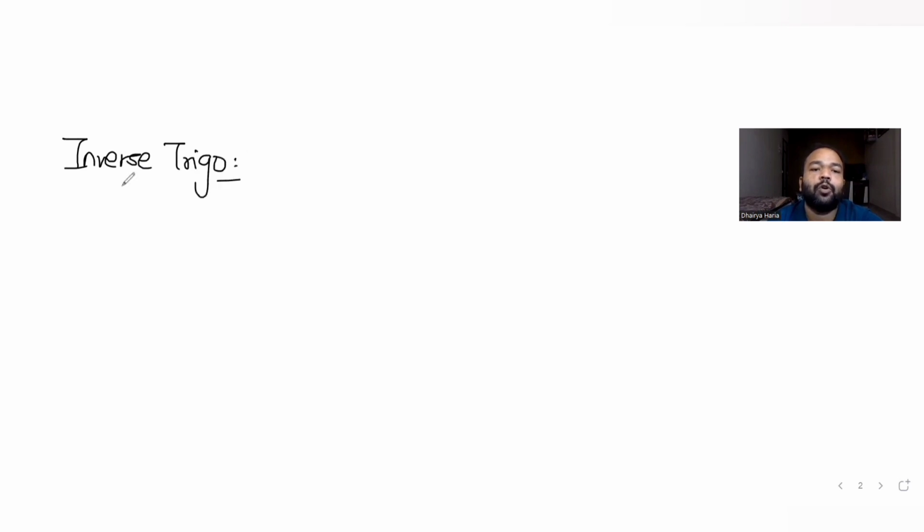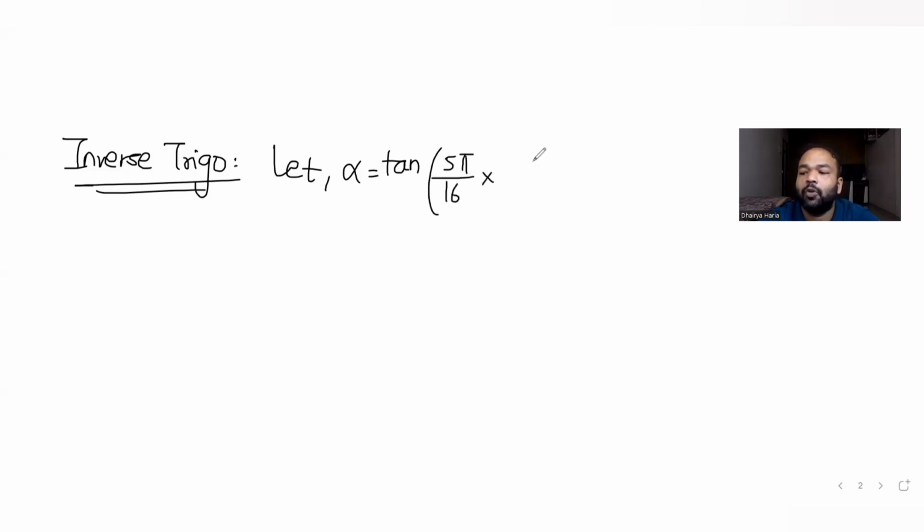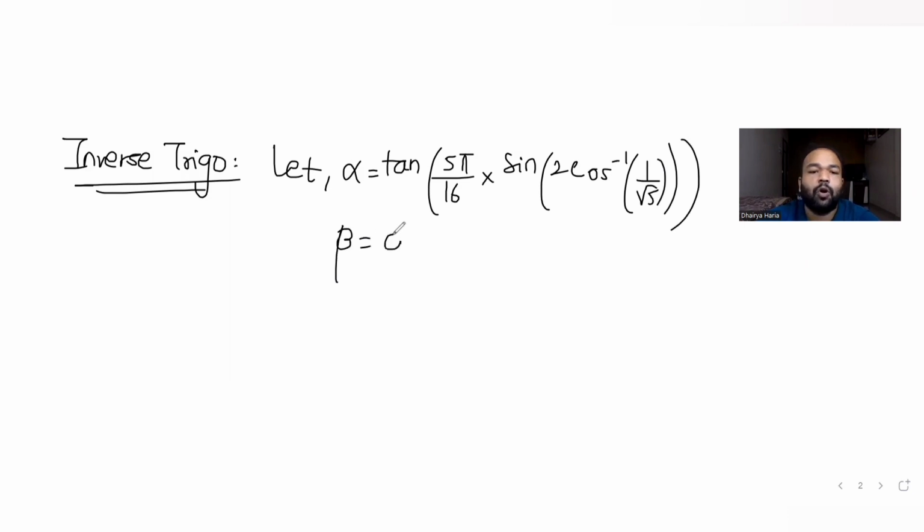The question tells us: let alpha be equal to tan of 5 pi by 16 into sine of 2 cos inverse of 1 by root 5, and beta is equal to cos of sine inverse of 4 by 5 plus sec inverse of 5 by 3.